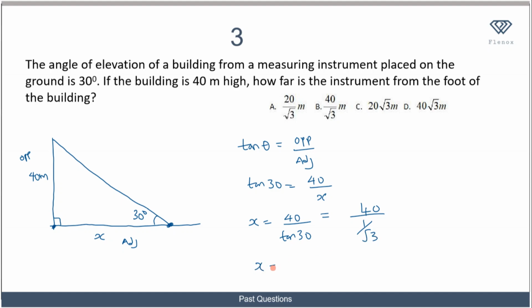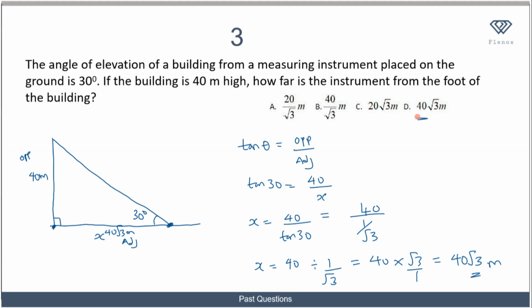So x is the same as writing 40 divided by 1 over root 3, and that's equivalent to writing 40 times root 3 over 1. That becomes 40 root 3 meters. So the distance from the foot of the building to the measuring instrument is 40 root 3 meters, and that makes the correct option to this question option D.